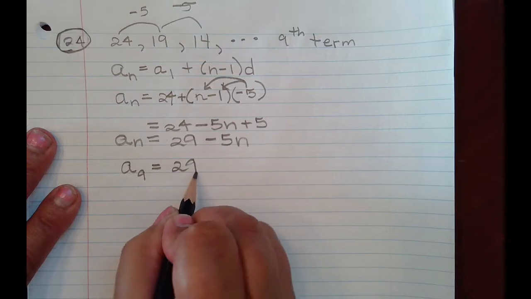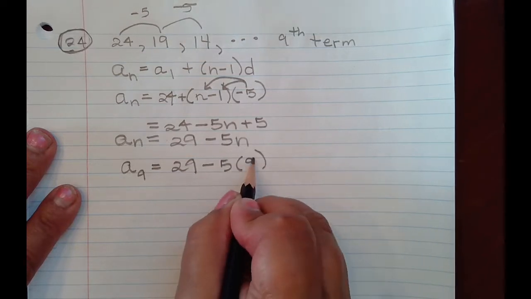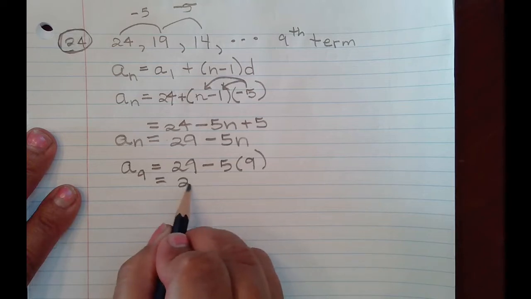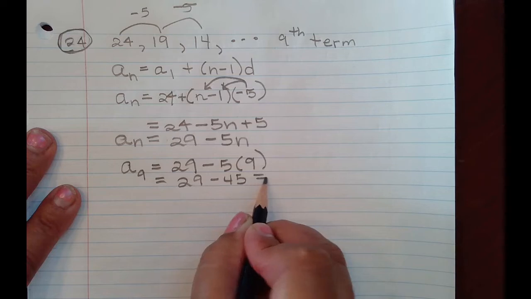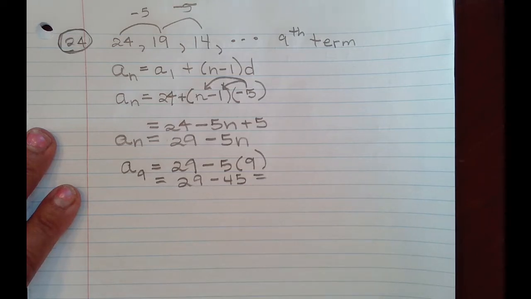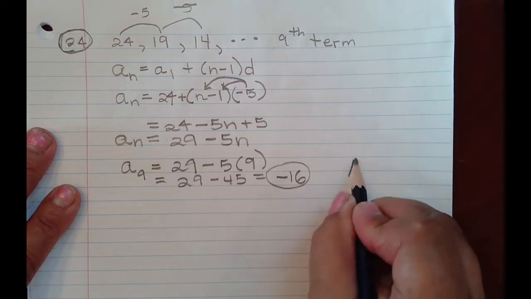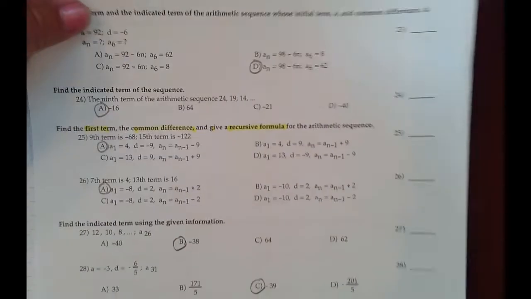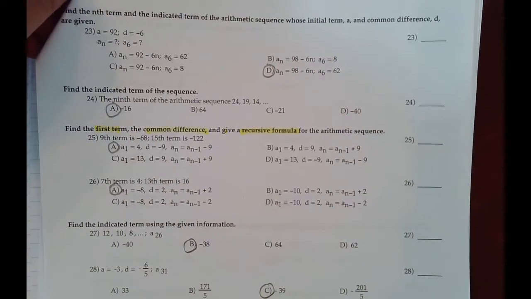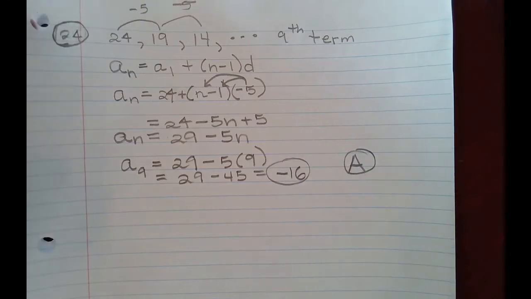So it would be 29 minus 5 times 9, so 29 minus 45, and 29 minus 45 is negative 16, and I believe that's choice A for problem number 24. Yes, negative 16. Okay, I already did 25, so let's go to 26.